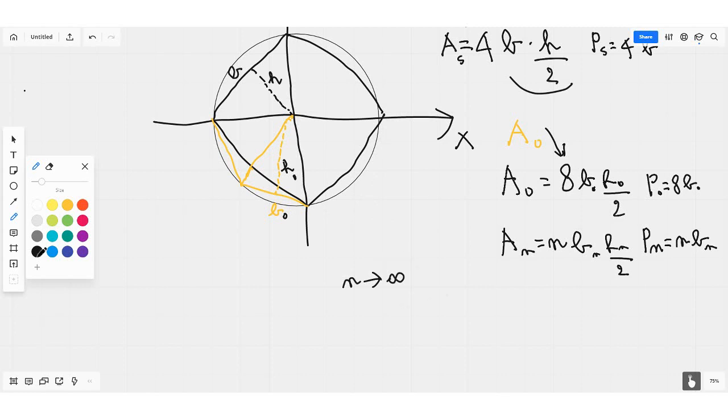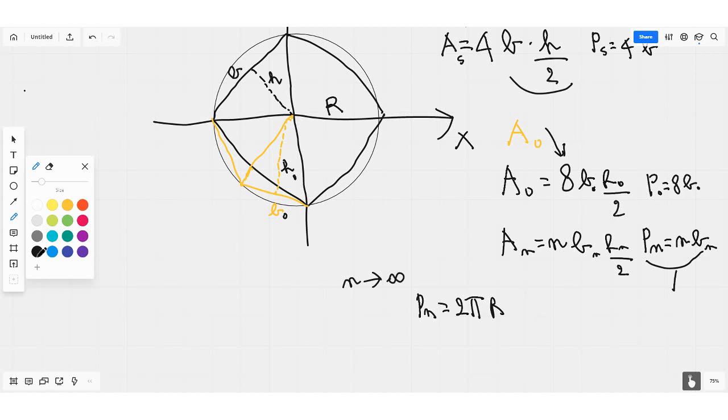So that means that the perimeter P_n, when n approaches infinity, will become 2 pi r, where r is the radius of the circle. Alright? And then let's see what else we can say.